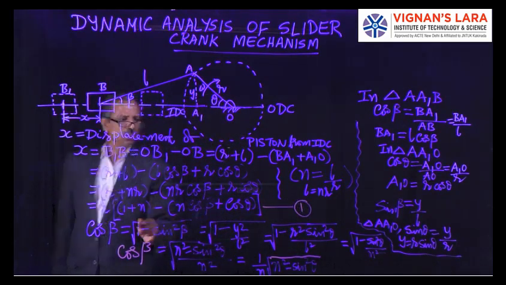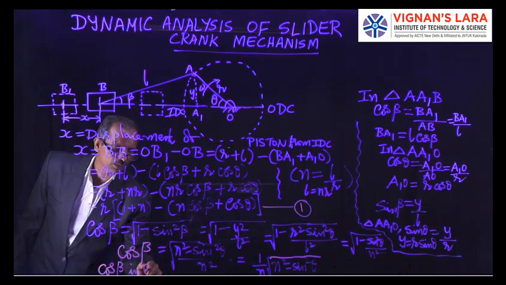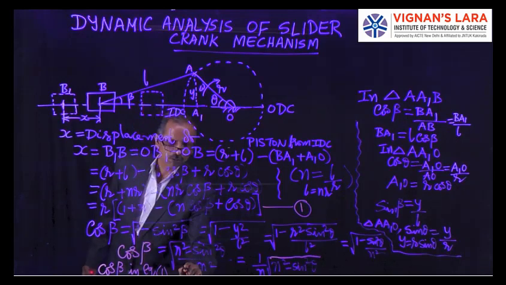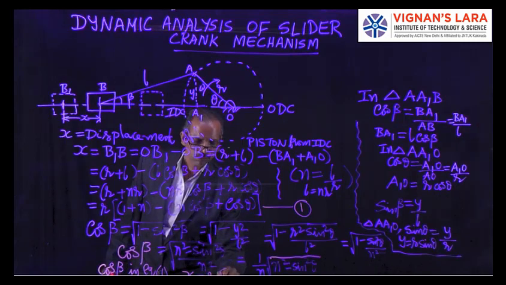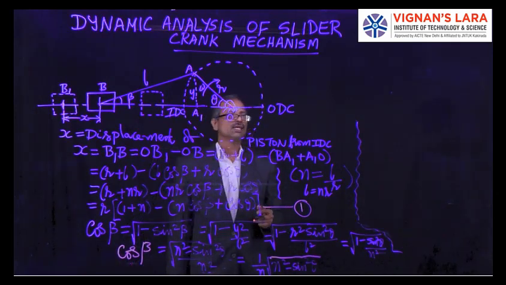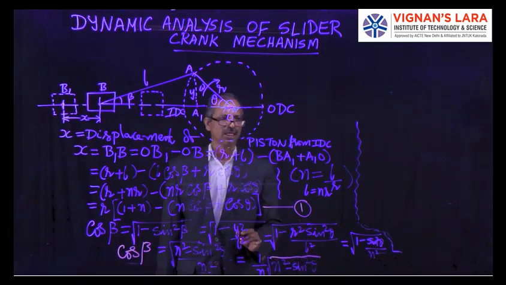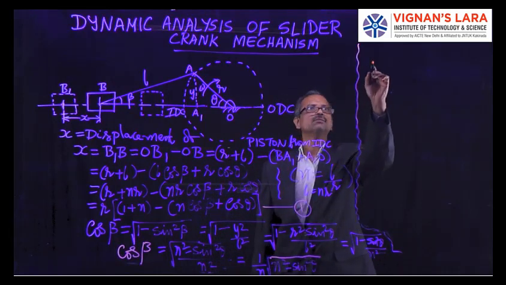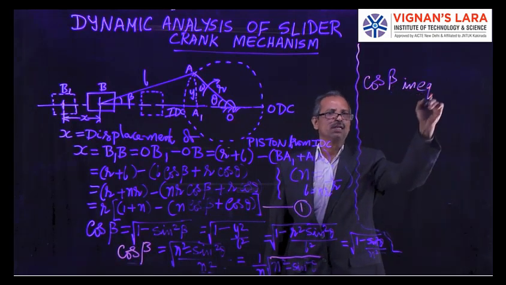So I substitute the cos beta in equation 1. So x is equal to r into 1 plus n. So cos beta we got 1 by n into root over n square minus sine square theta. I substitute this cos beta in equation number 1.